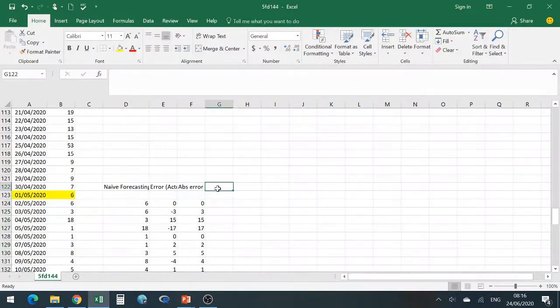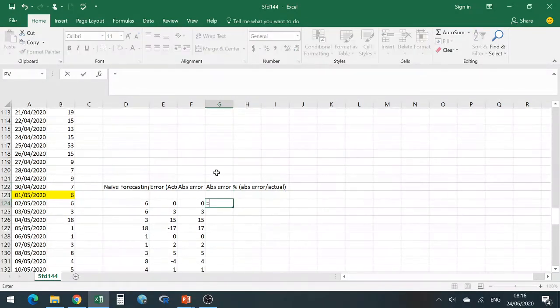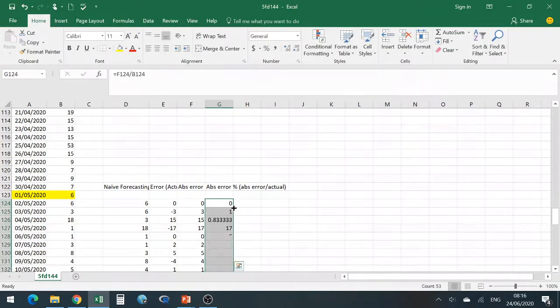Then we have the absolute error percentage, which is the absolute error divided by the actual number. This is just a review.